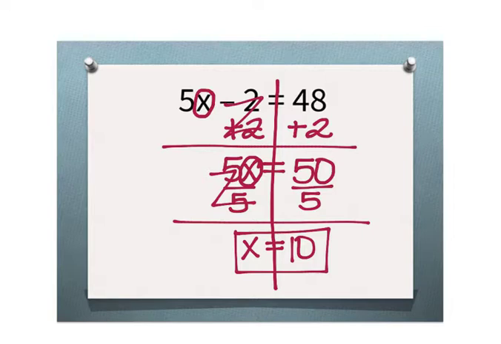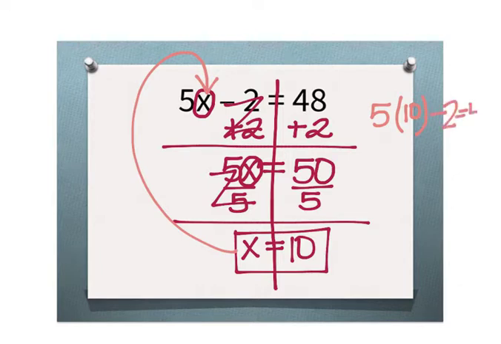So I'm going to substitute this 10 back into my original where x was. This is like double checking. So I would really have 5, instead of x, I'm going to put parentheses 10, minus 2 equals 48. And let's see if that is true.